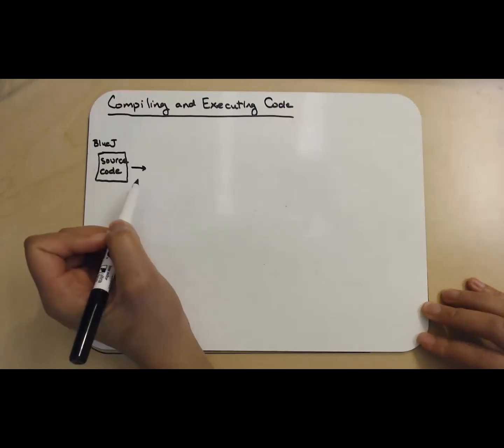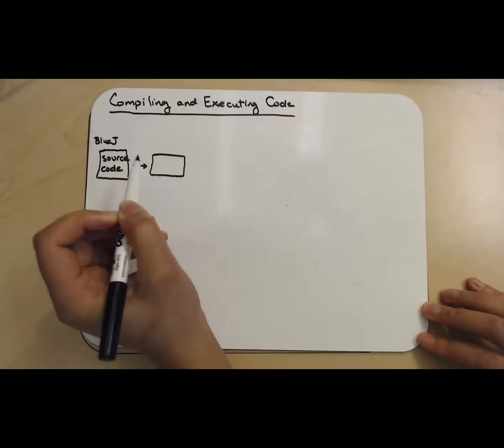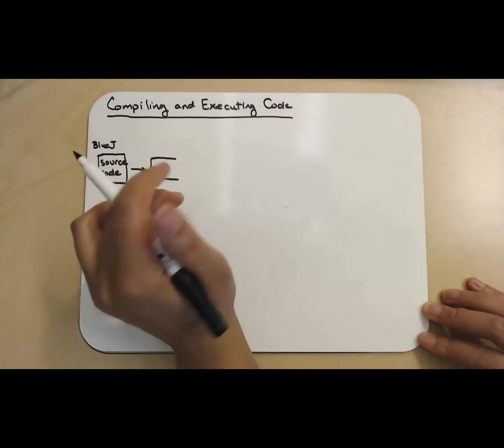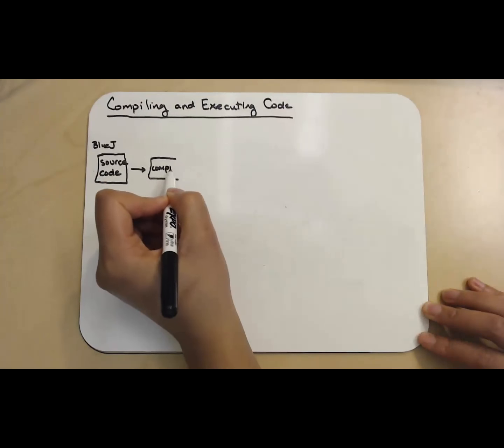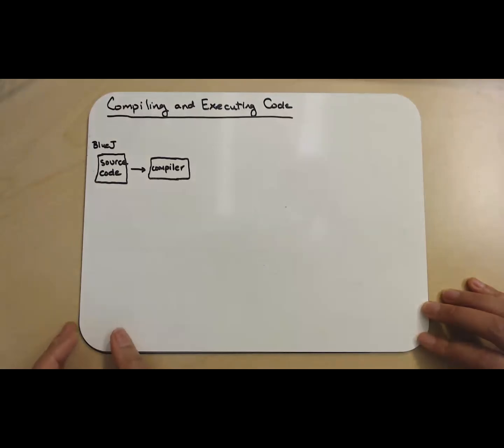So you sit down, you write some source code. At some point, you will compile it. That is done by a program called the compiler. The compiler is literally a computer program that takes as input another computer program.